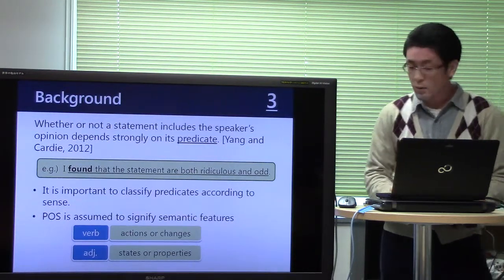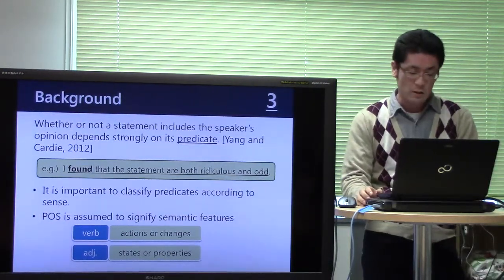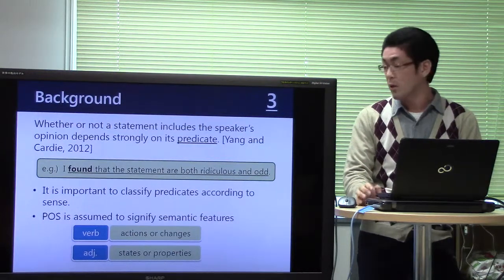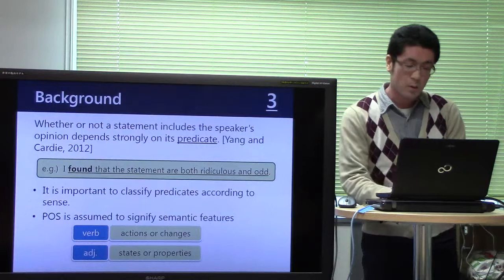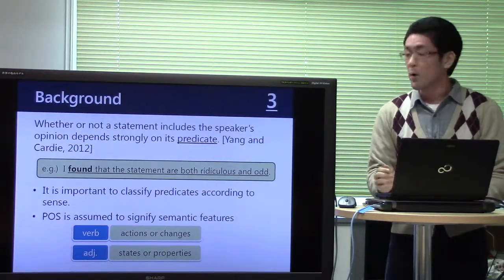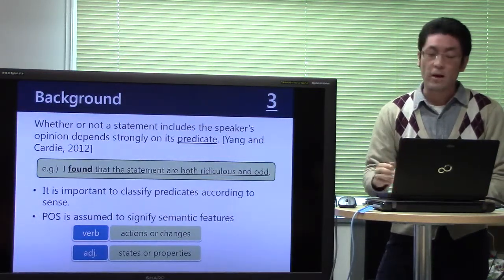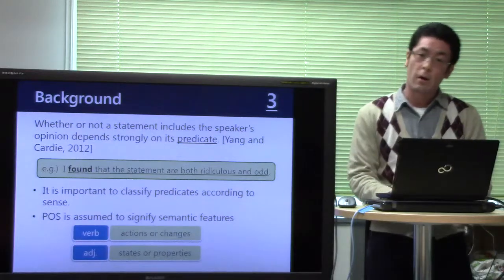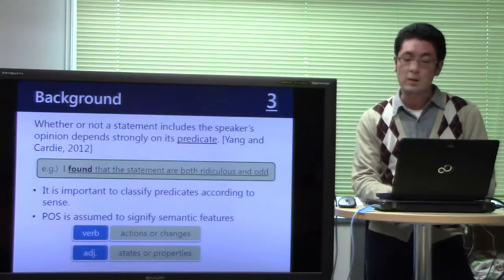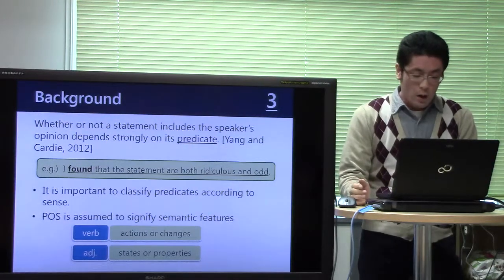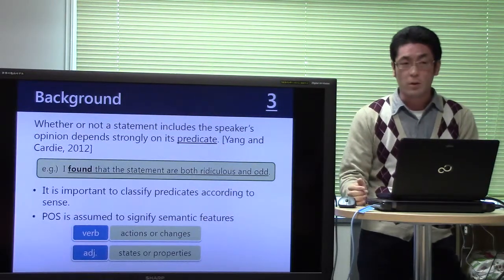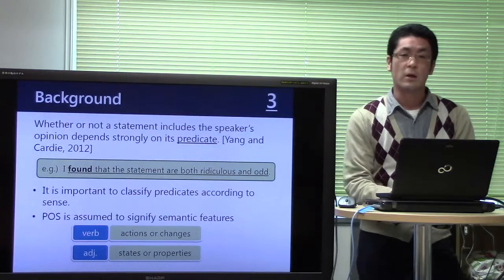On the other hand, part of speech is generally assumed to signify the word's semantic features. For example, a verb signifies observable action or changes, and an adjective signifies states or properties. Therefore, part of speech information is often utilized in NLP tasks.